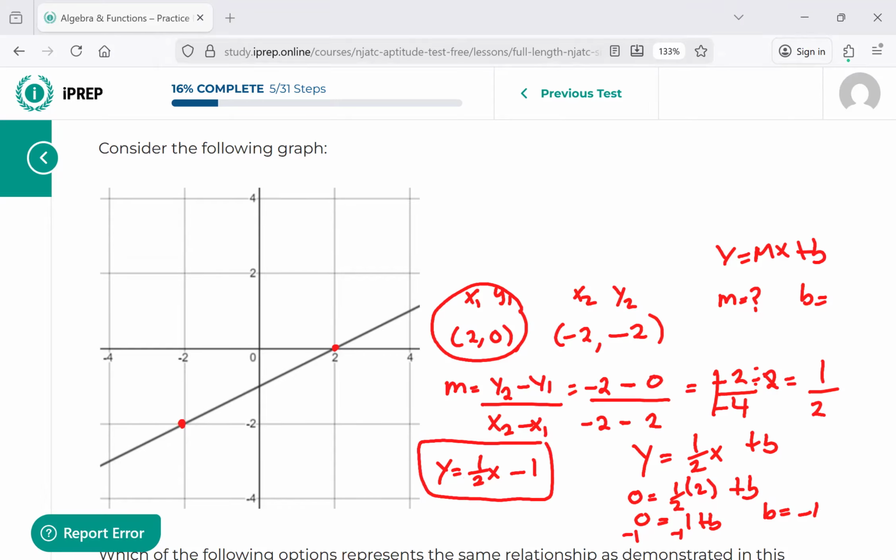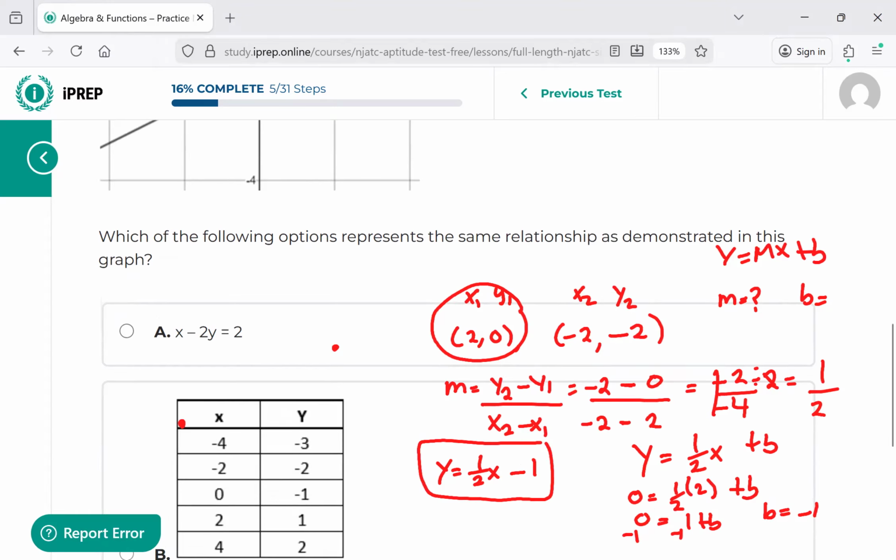So which one of these is related to that? Is it A? X minus 2y equals 2. So they have it in standard form. Let's put it in where y is isolated. So I would subtract x, get negative 2y equals negative x plus 2.